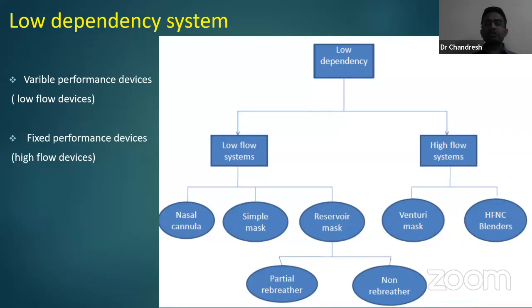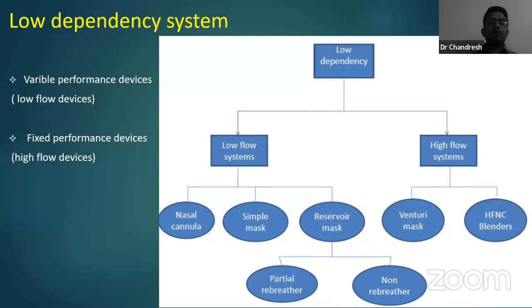Because of the Venturi effect, the Venturi mask generally gives a higher amount of flow, and this comes as a high flow system. HFNC, blenders: I think in this pandemic, our exposure to HFNC devices might have gone up.